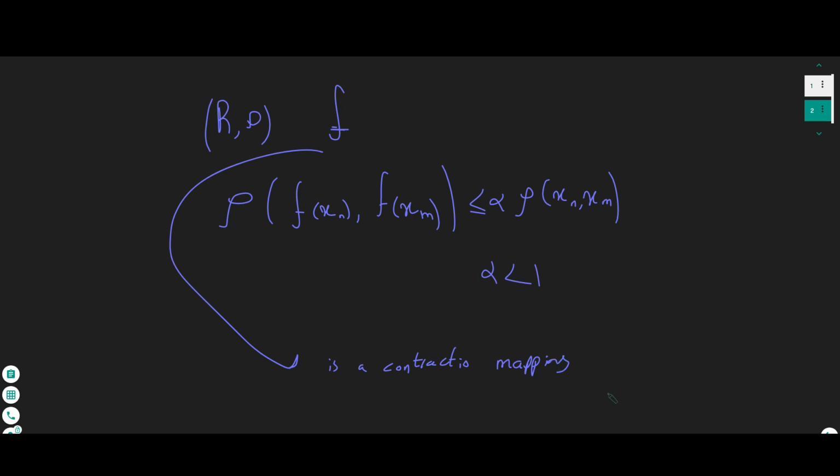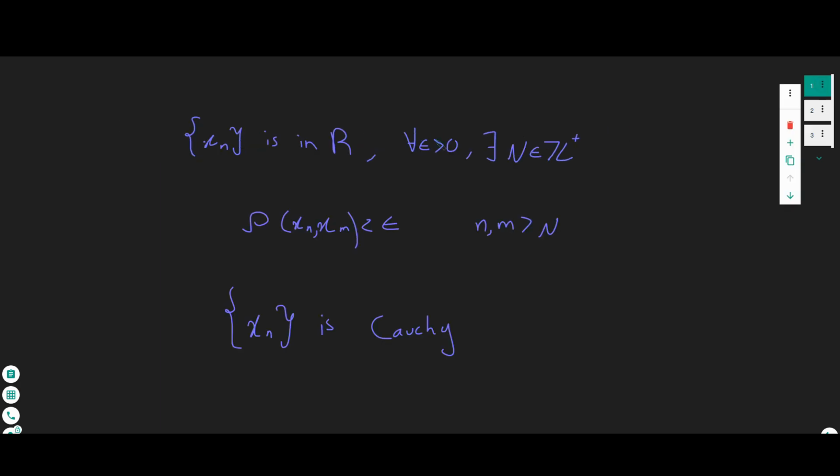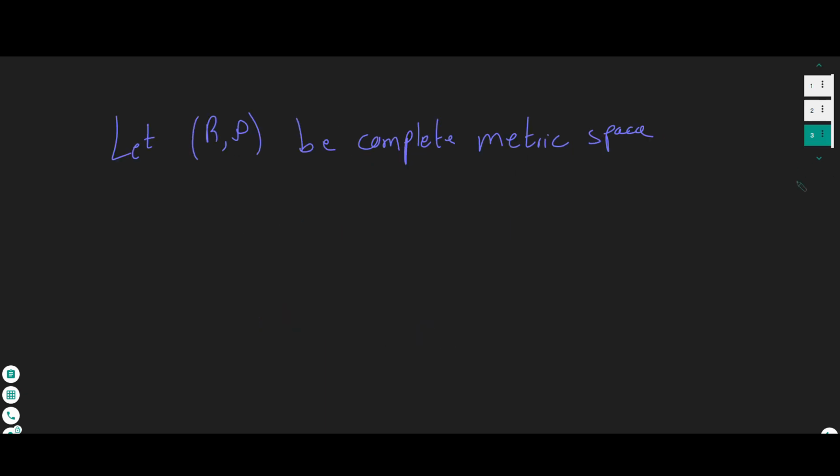Now we get to the formulation of the fixed point theorem. What this theorem says is, let R, rho be a complete metric space. We already saw what complete means. Remember, complete means every Cauchy sequence converges in the metric space. Also let F be a contraction mapping.